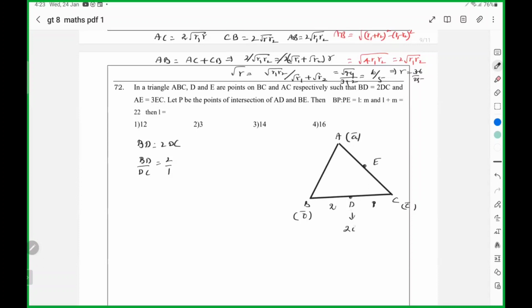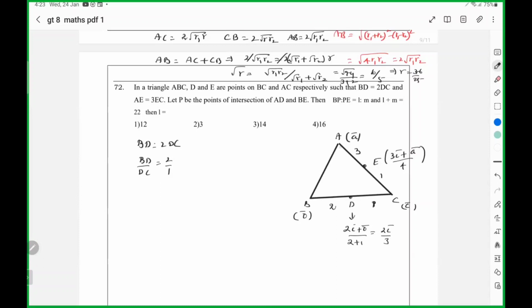Then by section formula, 1 into 0 bar plus 2C bar by 2 plus 1, which is 2C bar by 3. Right. And AE is 3 times EC. Say it is 1, it will be 3. That means E position vector is 3C bar plus A bar by 3 plus 1, by 4.